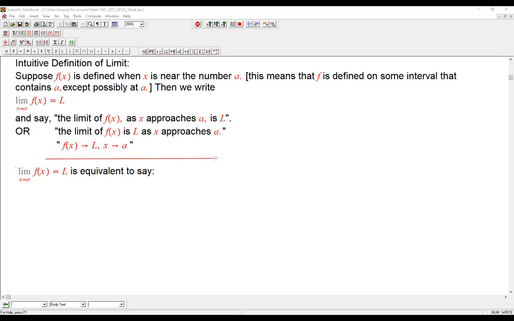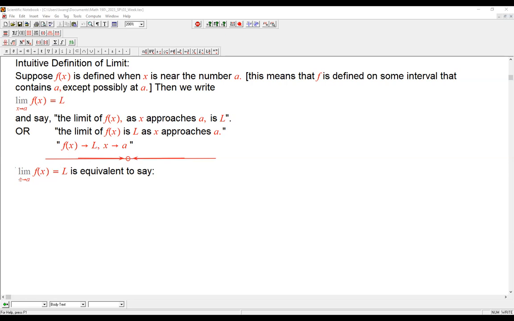So the input as x approaches a, suppose a is right here. When x approaches a, it could be approaching a from smaller than a. It could also be approaching a from larger than a.